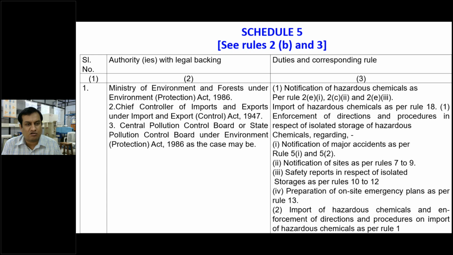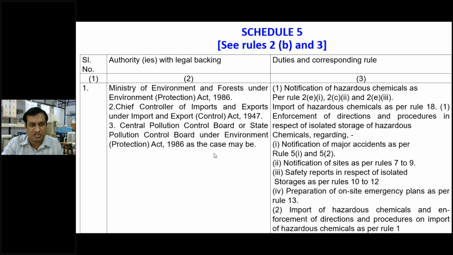The Chief Controller of Imports and Exports under Import and Export Control Act 1947. Central Pollution Control Board or State Pollution Control Board under Environmental Act 1986, as the case may be. So this is one of the examples where authority is mentioned: MOEF, Import and Export, CPCB and SPCB.